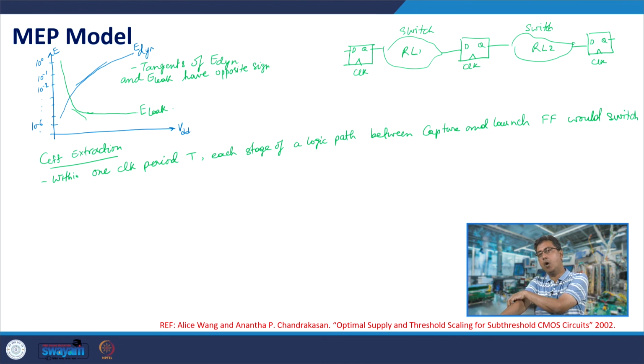Over a long period of time, for a given number of cycles, they would get charged and discharged.